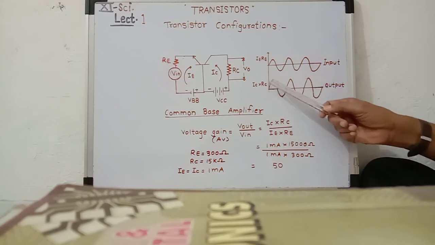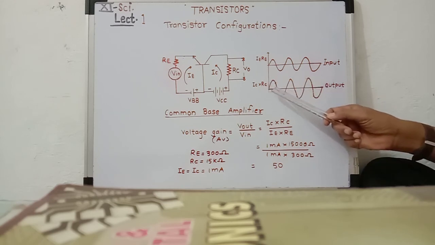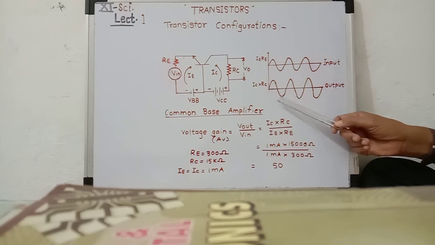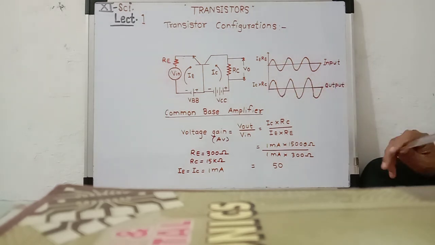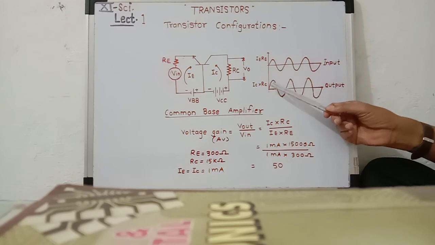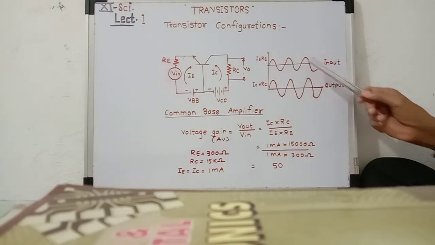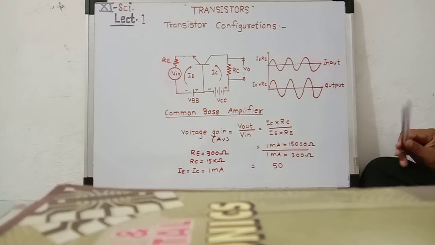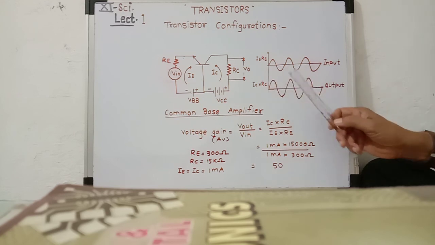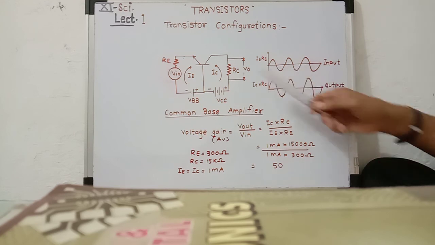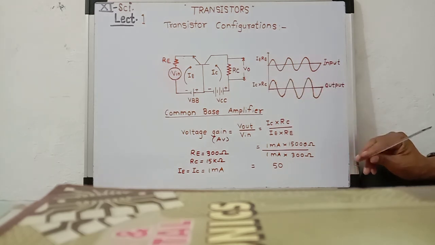The amplitude of the output signal is greater than the amplitude of the input signal. That is, the input signal is amplified by this common base amplifier circuit. So we will stop here.